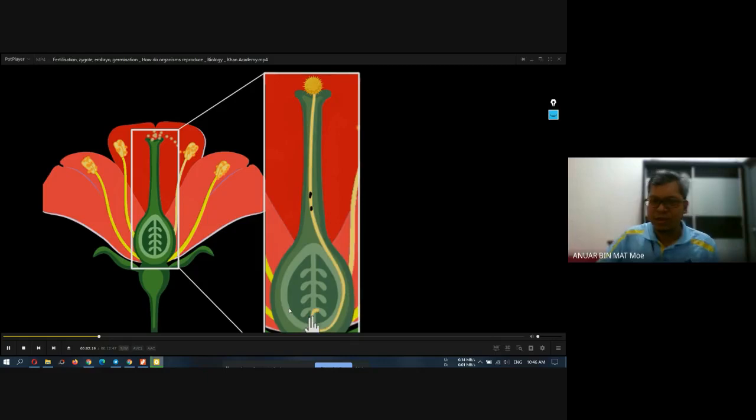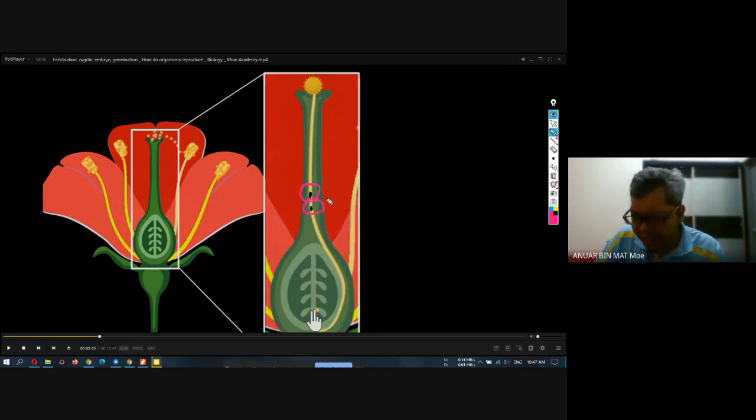You can see the dark one here, this is the male egg from the pollen grain. This is the male egg. The black dot here is the male egg from the pollen grain, and then sent through the style and then go to meet the ovule here.